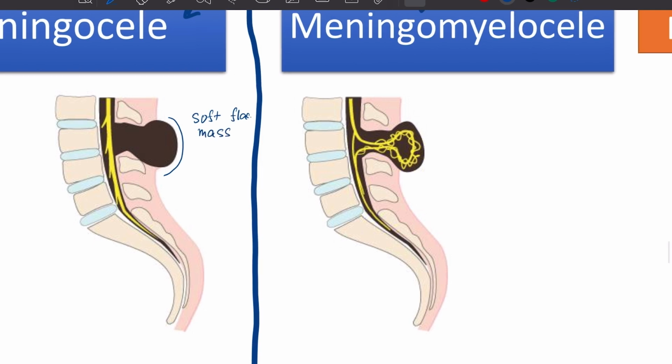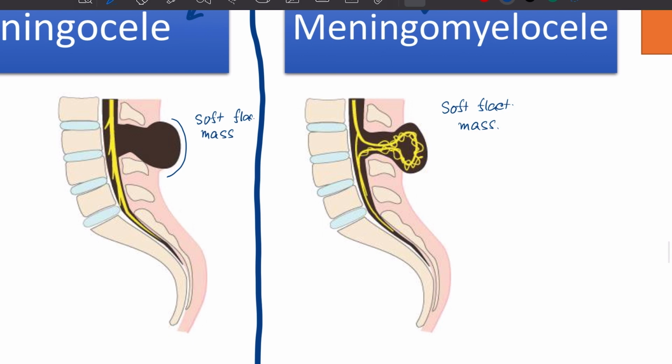In meningomyelocele, there is also a soft fluctuant mass, but the difference is that in meningomyelocele, the spinal cord structures are also present within this sac, that is the fluid-filled cavity, the CSF-filled cavity.